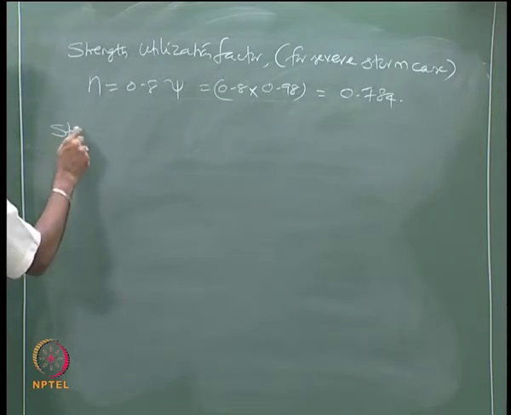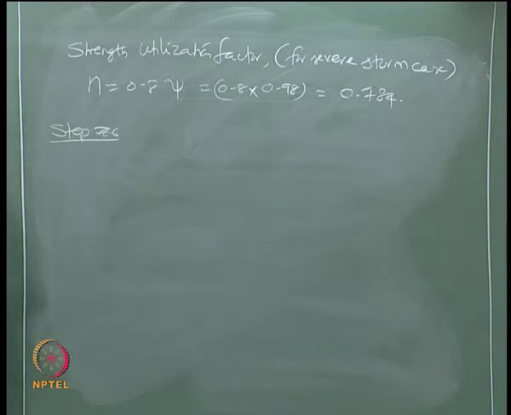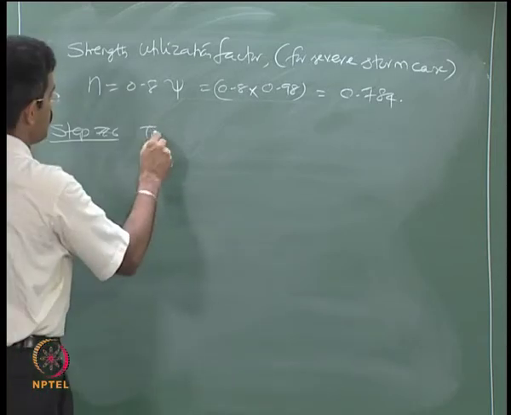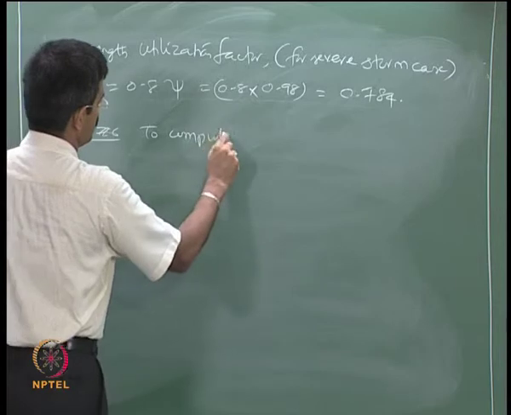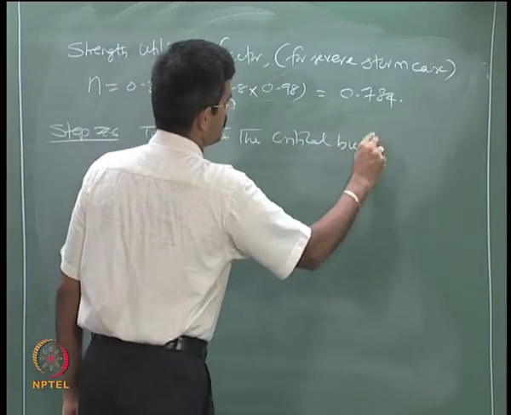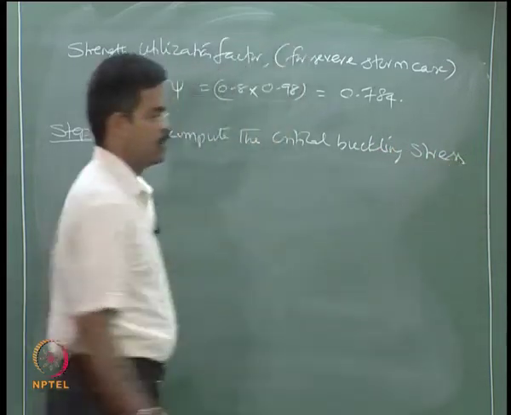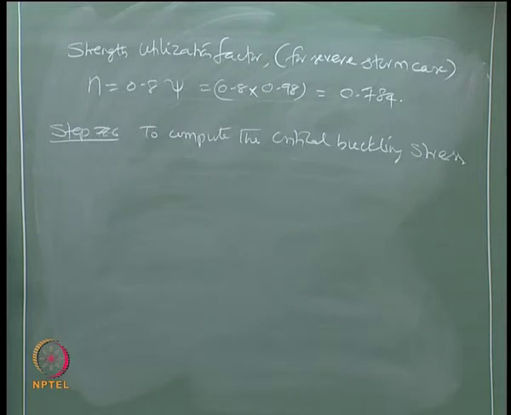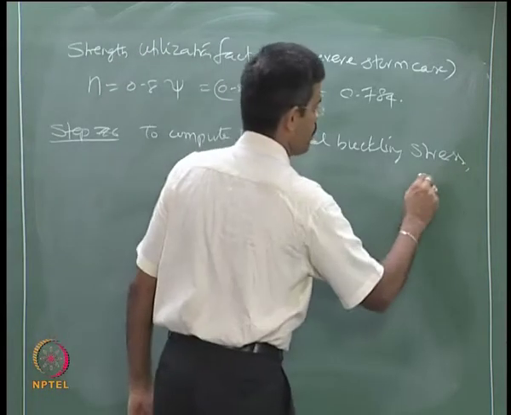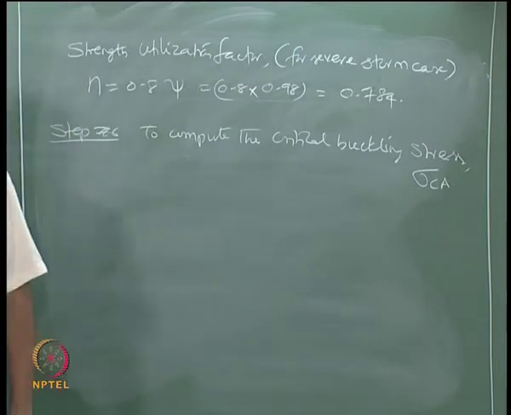So, step number 6, I want to compute the critical buckling stress sigma Ca, that is the notation used in the code.